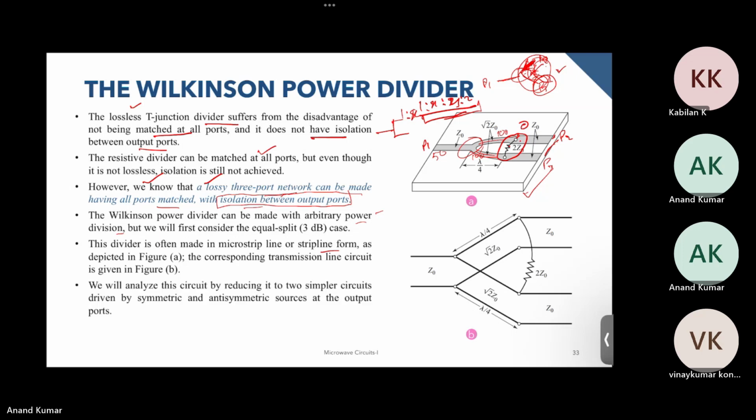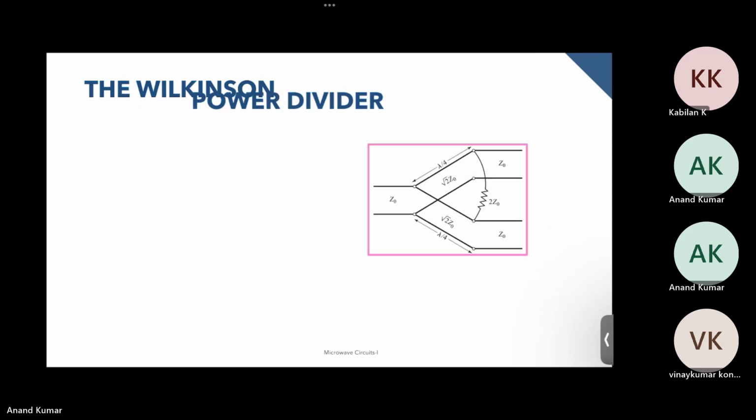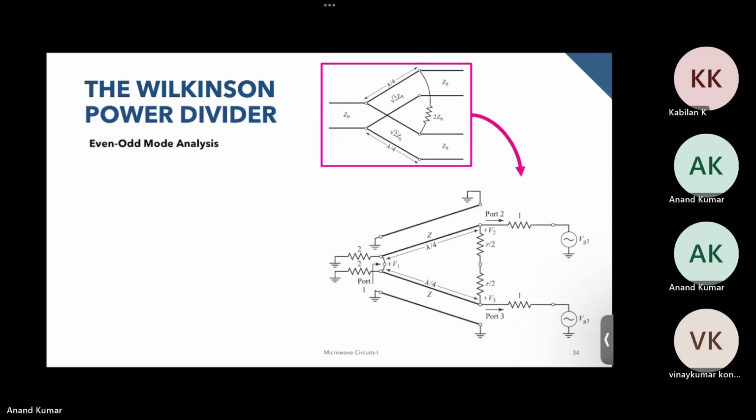To analyze this particular Wilkinson power divider, we'll be using a very old technique called odd-even mode analysis. We'll divide this circuit into two cases according to the voltage input that is given to the circuit. For the even-odd mode analysis, we are modifying this particular circuit to the circuit over here.